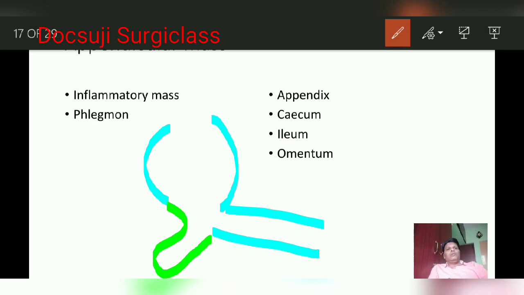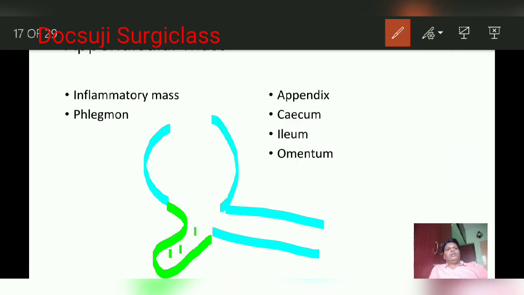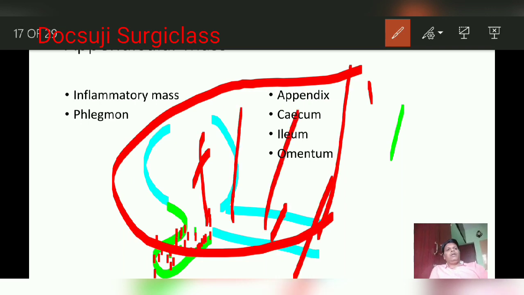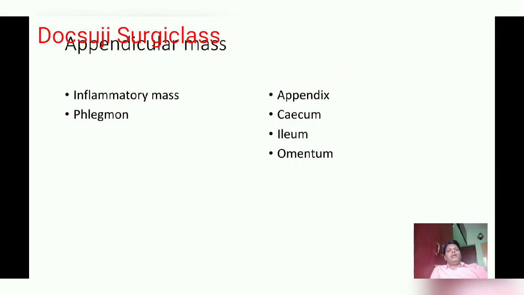Whenever there is an inflammation in the appendix, it forms a mass. It is called a phlegmon. It is nothing but an inflammatory mass. This mass mainly consists of the appendix, then the cecum, then the ileum, and along with that the greater omentum will come and wrap. This is called the policeman of the abdomen. So these four together form a mass called appendicular mass.